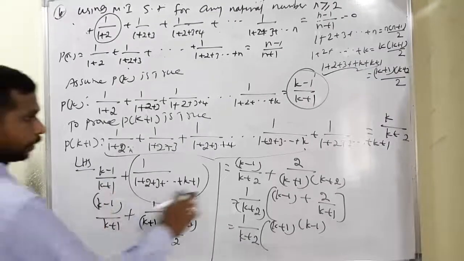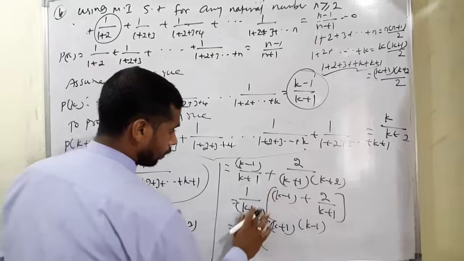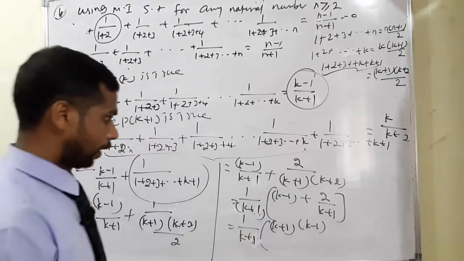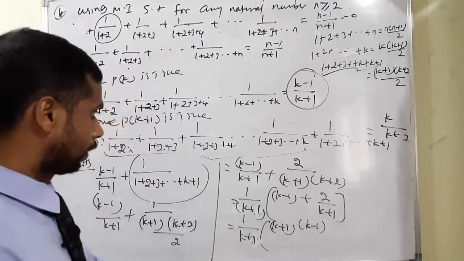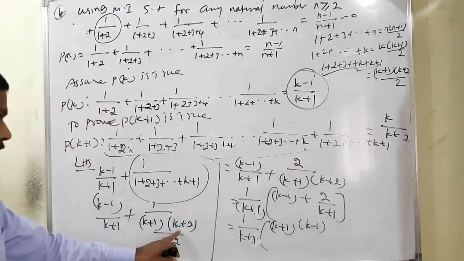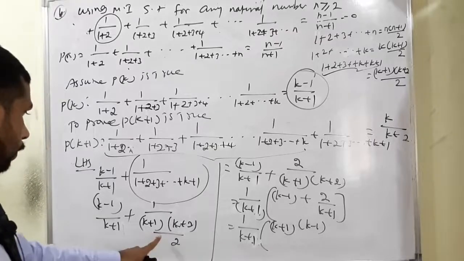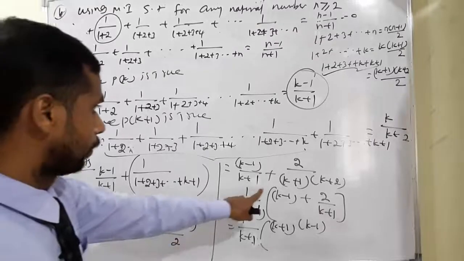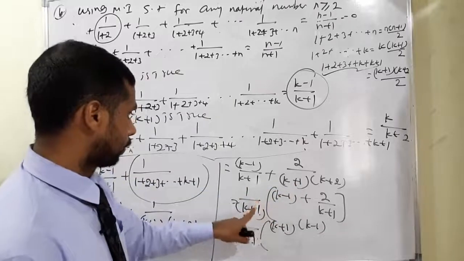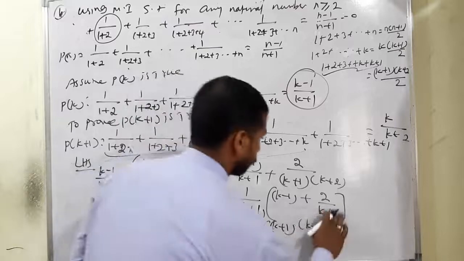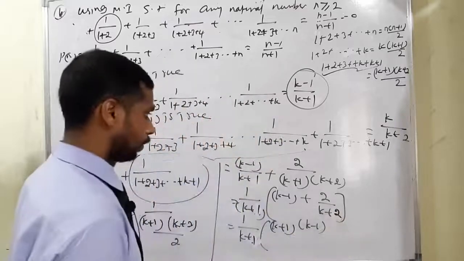This is k minus 1 over k plus 1. It's also k plus 1 here, and here also k plus 1. So now look, take k plus 1 outside, then 1 by k plus 2 will come, isn't it? So this is actually 2 by k plus 1 into k plus 2. Here also k plus 1 taken outside means 2 by k plus 2. Here actually k plus 2.